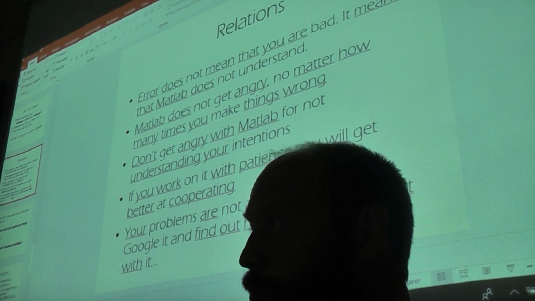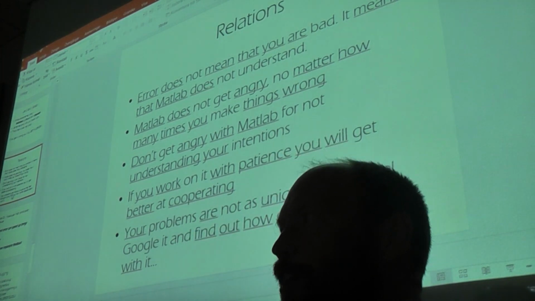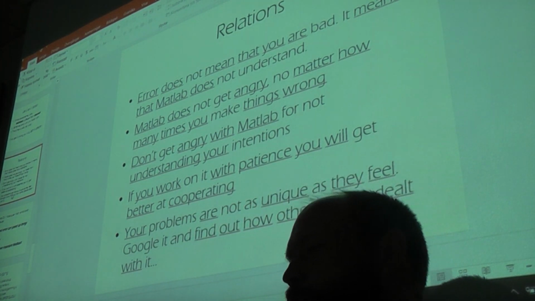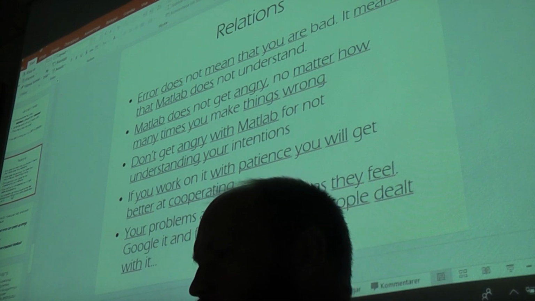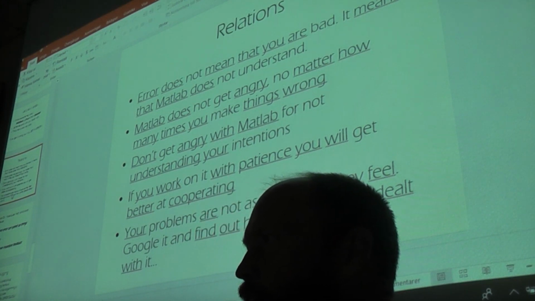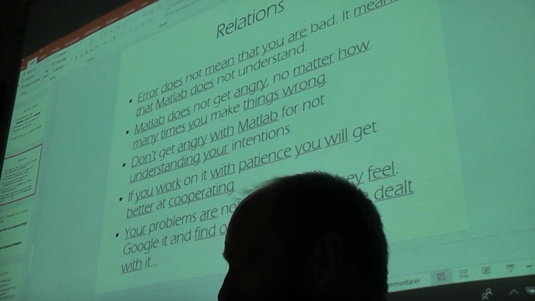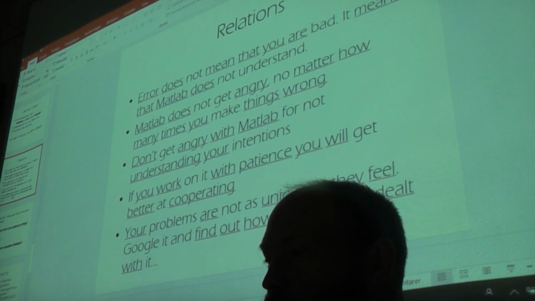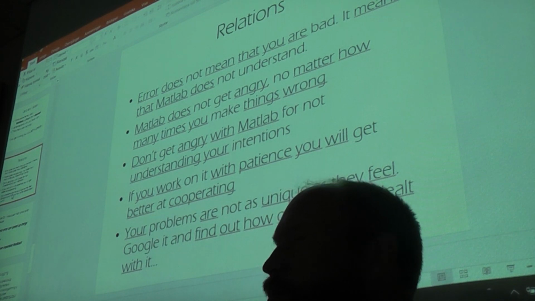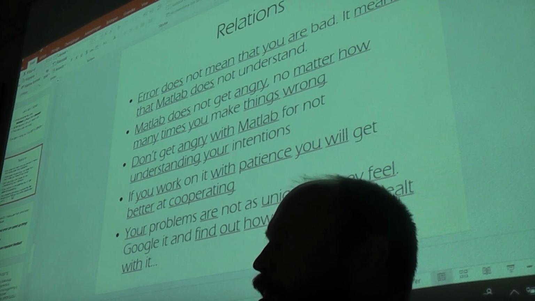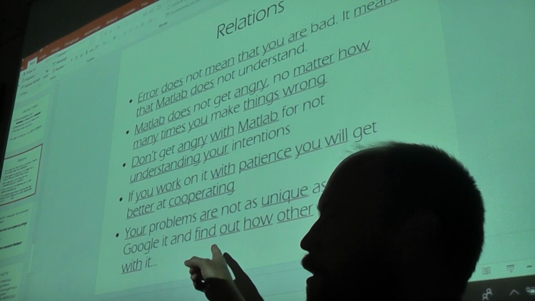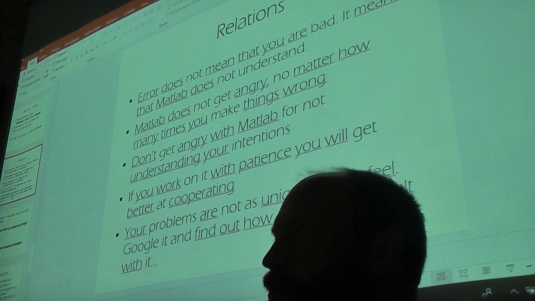But if you're patient and try to figure out what is wrong, being constructive in your relation to this thing, you'll get better at knowing what the real problem is. And the good thing is that sometimes you get stuck, but someone else got stuck in a similar way. I'm sure about it. So go out on the internet and try to find the answer.